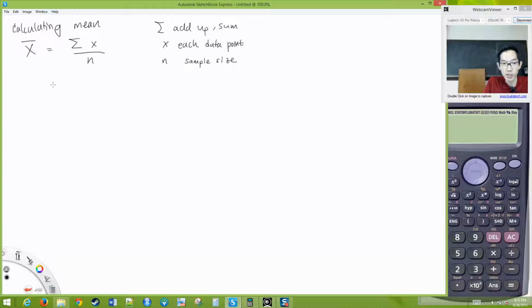So basically it says add up all the data points, and it's in a fraction, then divide by the sample size. Okay, so that's how you calculate the mean. Is this okay using this notation? We're adding up all of the x's, and then we divide by how many data points we have, your sample size, n.